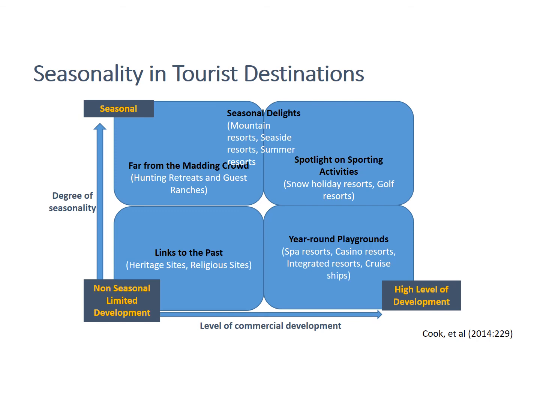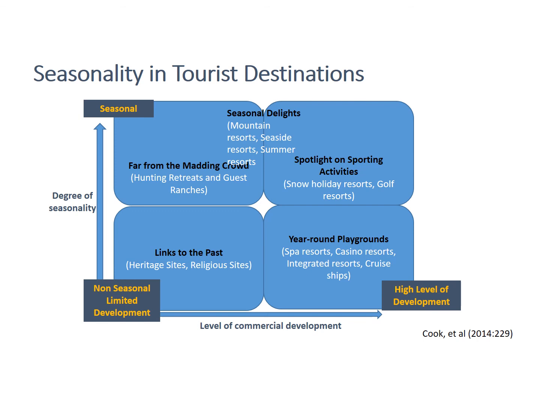But likewise, where the degree of seasonality is high, you've got hunting retreats and guest ranches, seasonal delights like mountain resorts, seaside resorts, summer resorts. Then with a high level of development and a high degree of seasonality, you've got spotlight on sporting activities, snow holiday resorts, golf resorts.